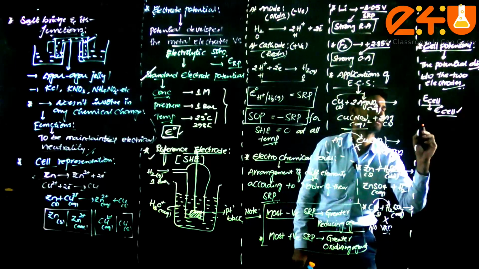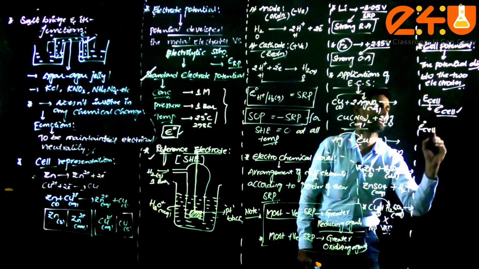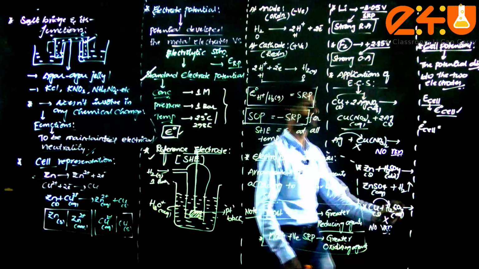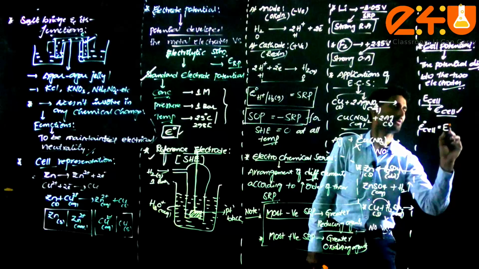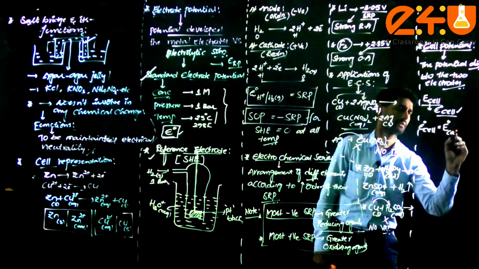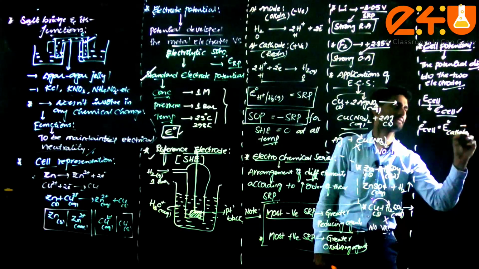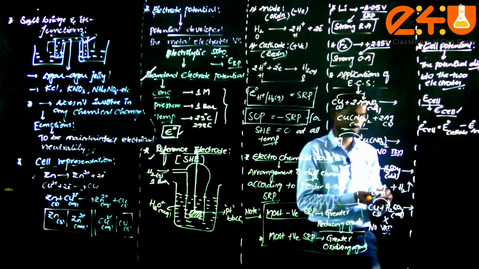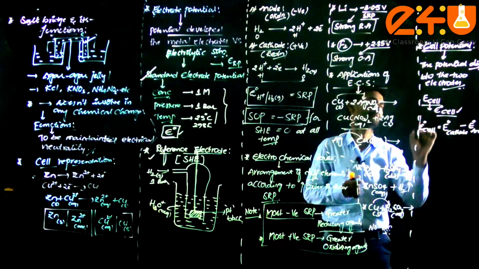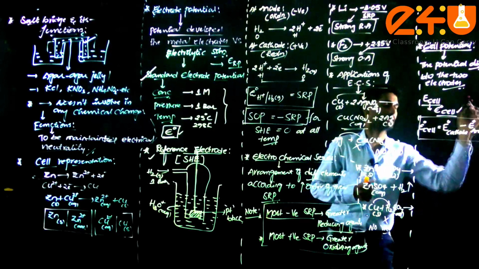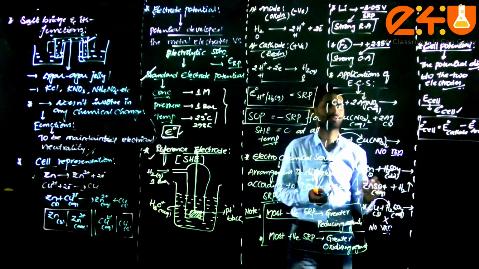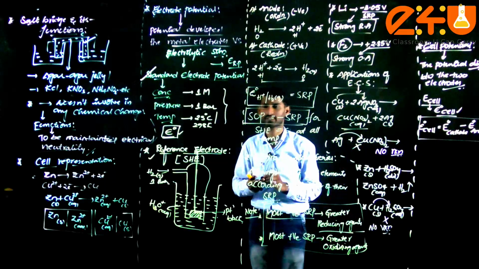Then E naught cell is equal to E naught of cathode minus E naught of anode. This is the very important representation of E naught cell. Now from that we have to continue. Please note down, dear students.